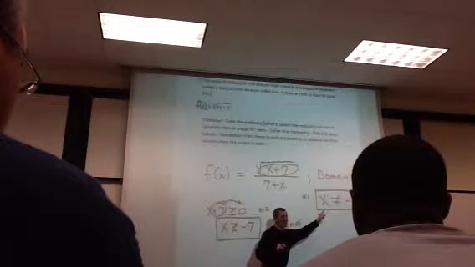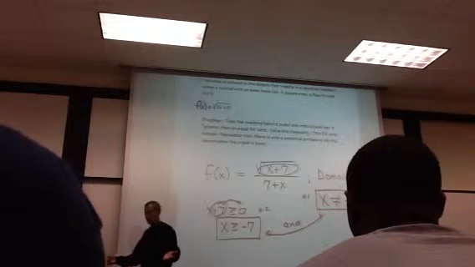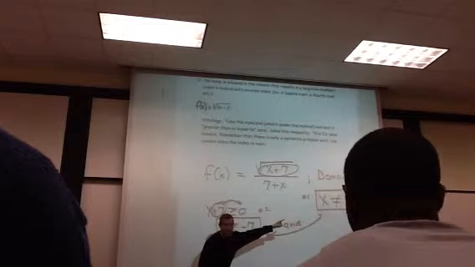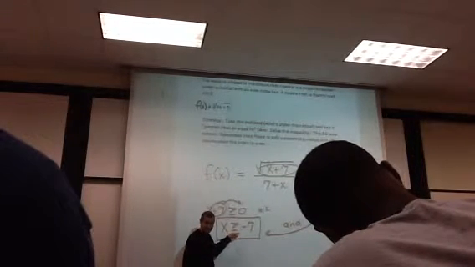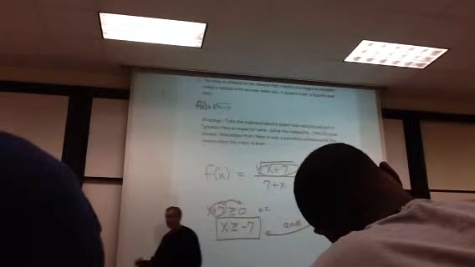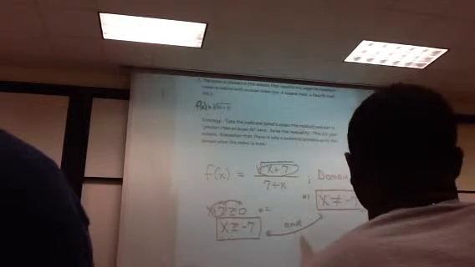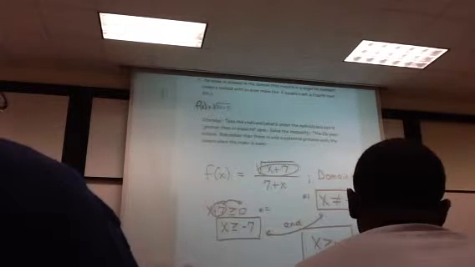But not -7. So would you say x is just greater than? Just greater than, absolutely. So if it's got to be greater than or equal to -7, but not -7, that scratches out the equal to part right there. So it's just x is greater than -7. So put those two together, two limitations, and my domain is x is greater than -7.